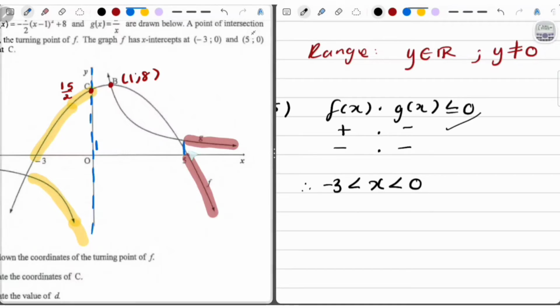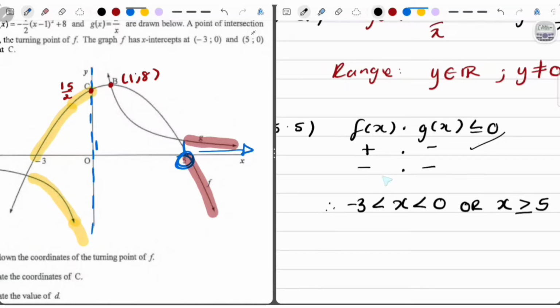So the solution here can be that I have to include 5, but I can see that it's values that are going this way, which are values that are greater than 5. So here I can say, or x is greater than or equal to 5, because I have to include 5, okay? Because at 5, that has a y value of 0. 0 times that is 0, which is what we are also looking for. So you see that that works out.